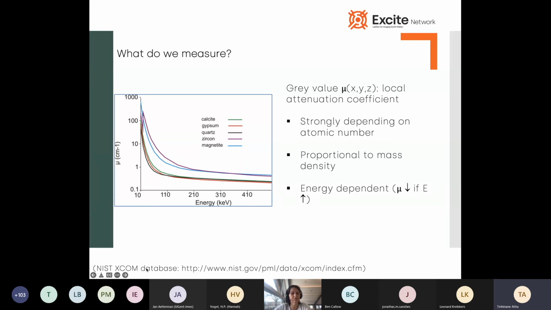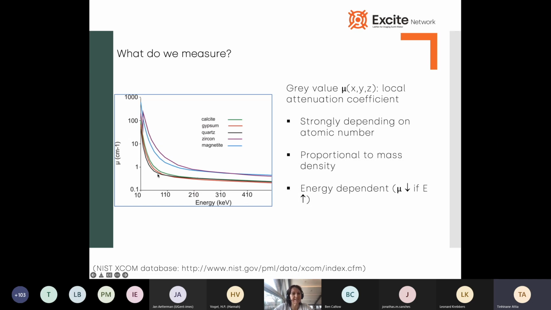So I refer also to the NIST database to do so. What you see here is that if you know, for instance, that your material will be composed of calcite, gypsum, quartz, zircon, and magnetite, I don't know, it's just an example, you will immediately see how the theoretical attenuation will look in function of energy.